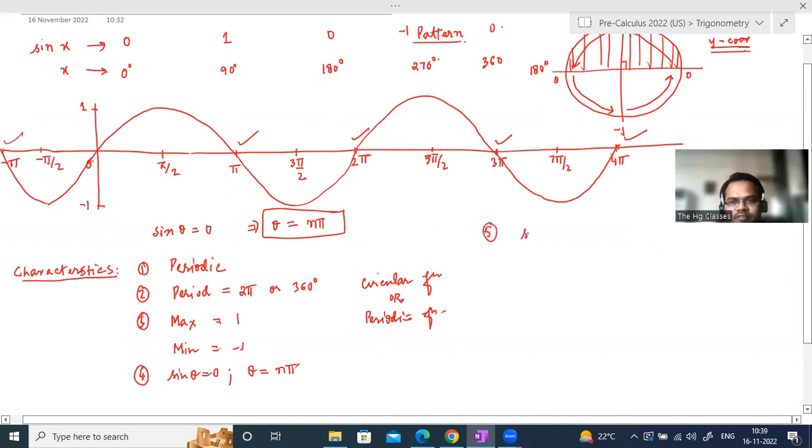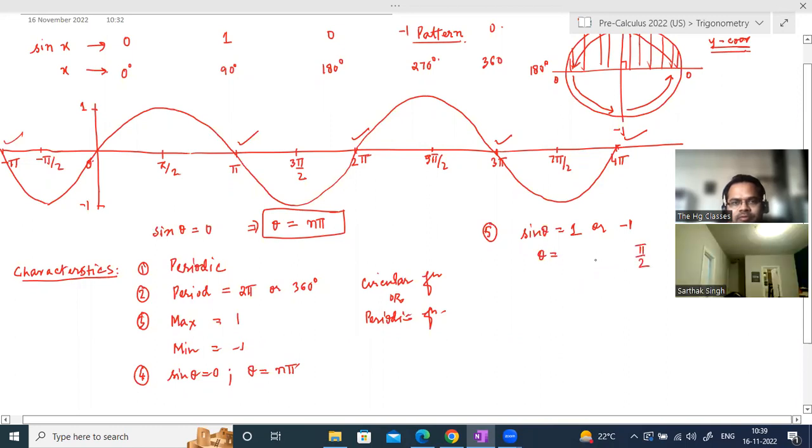Fifth characteristic. Sine theta is 1 or minus 1 at every odd multiple of pi by 2.